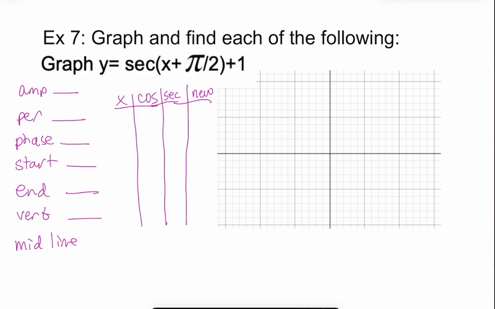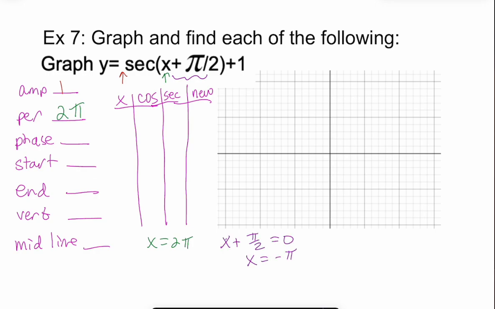Okay, so let's go down the list. The amplitude, like any other graph, is what's our front coefficient? If we don't see it, it's 1. The period is what happened to our x. We set that equal to 2 pi. I love when this happens, if it's just an x, if it doesn't say 2x, or x over 2, anything like that, it's just 2 pi. Our phase shift, we are going to set the parenthesis equal to 0.